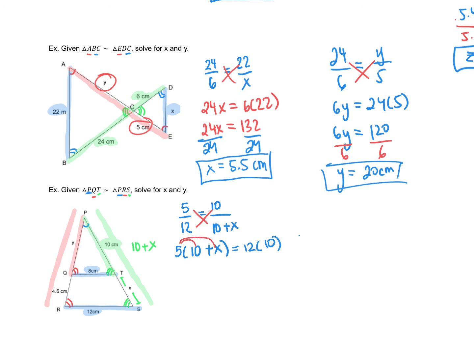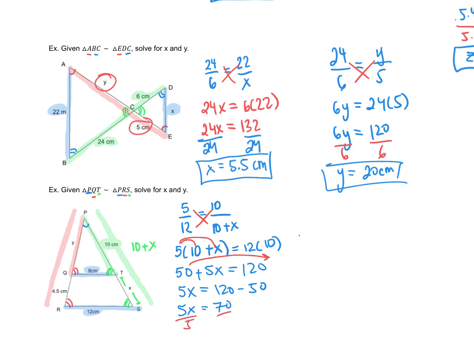So here's a little bit of grade 9 distribution. Just multiply the 5 in. 5 times 10 is 50. 5 times X is 5X. And then 12 times 10 is 120. And we know how to solve linear equations. We want to isolate for X. So let's start off by bringing the 50 over. So at this point, it's nothing new. 120 minus 50 is 70.